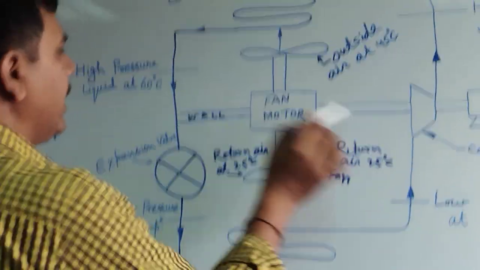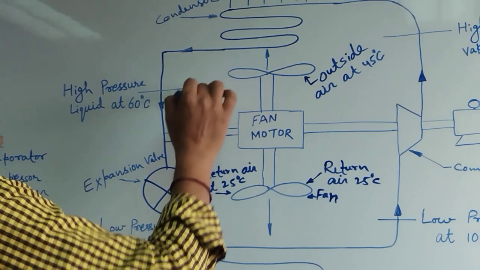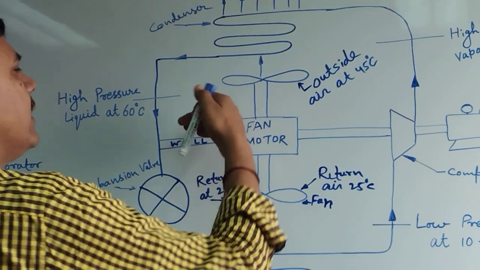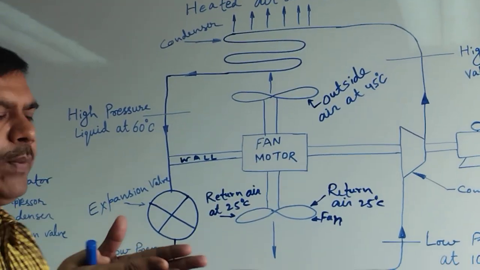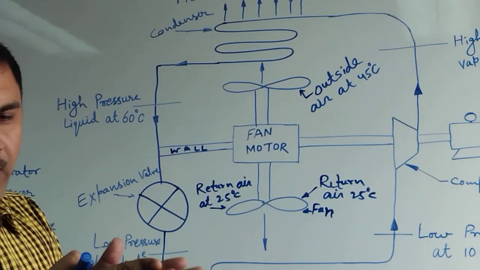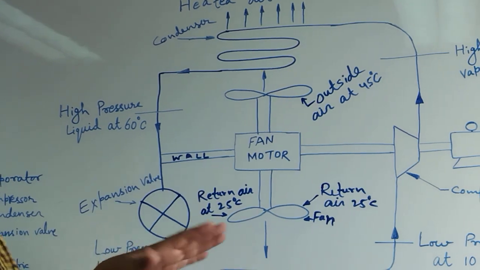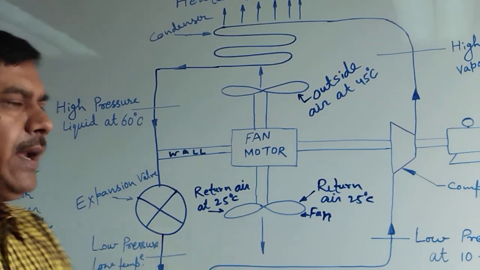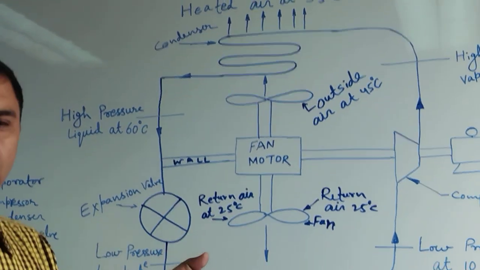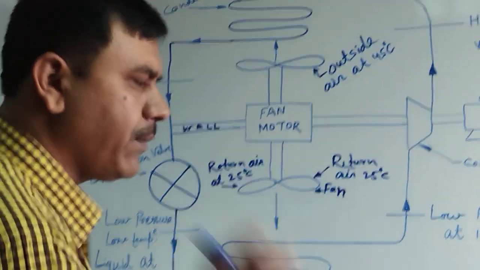A parting wall is here. The outside temperature is about 45 degrees Celsius. This is the parting wall outside temperature, and the parting wall's other work is that the inside temperature is 25 degrees Celsius. It will maintain this and not mix the inside and outside temperature.